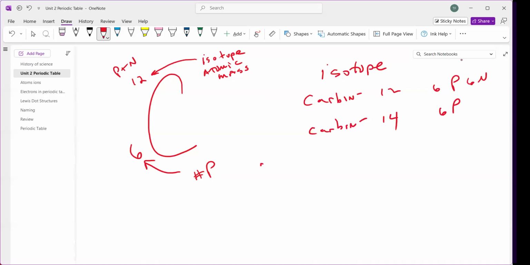Carbon-14. Now, carbon-14, the top number is going to be 14, not 12. So how many neutrons does carbon-14 have? 8. So isotopes differ in the number of neutrons.